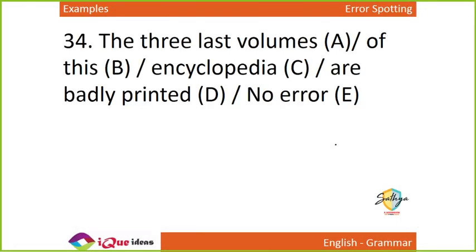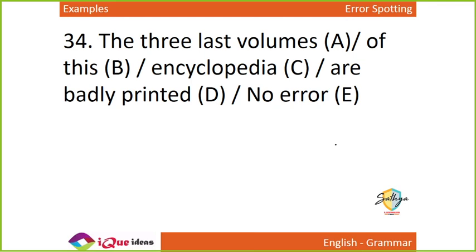Okay. The 3 last volumes of this encyclopedia are badly printed. Just saying it out loud like that gives me jitters. How bad that sentence is. Right? Just read it and you will get the error. The 3 last volumes.